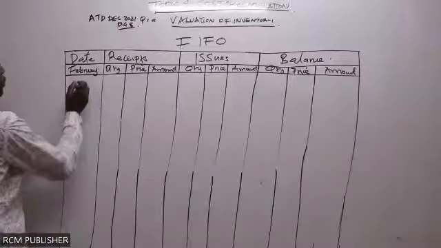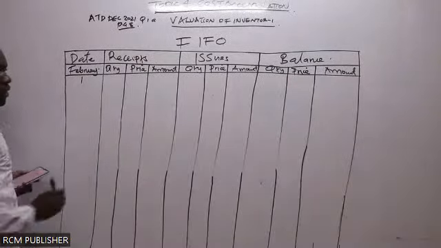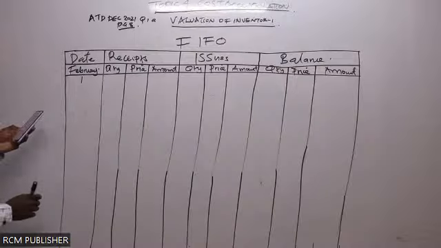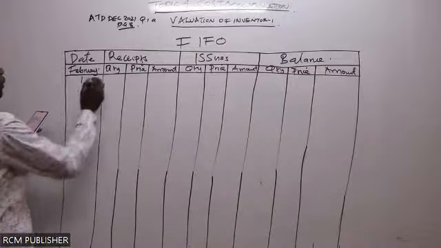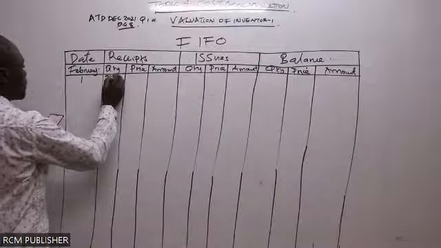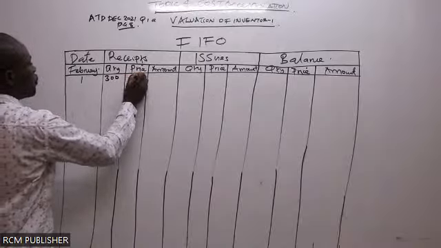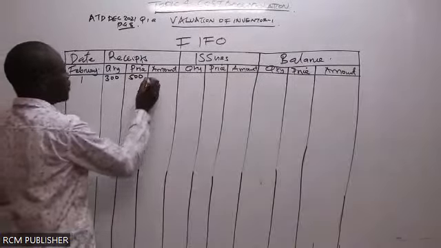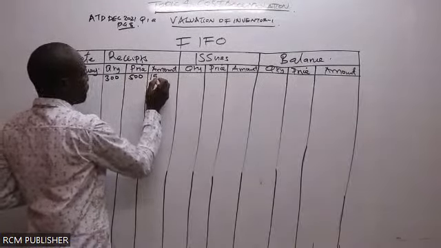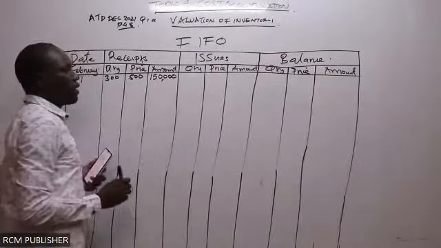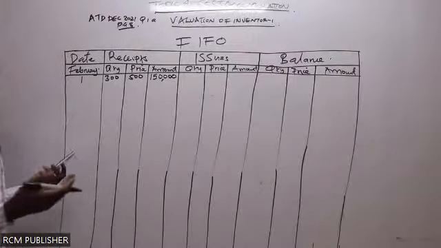Once you're done with that, you indicate the first date of our February, which has the opening stock. This opening stock, we are told, is 300 units at 500. So 300 units at 500, we are going to have 150,000. That is the opening stock.